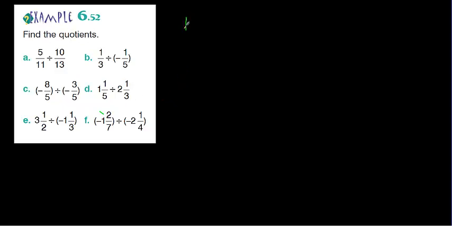So before multiplying these terms, we are going to do like this. I'm starting with D1. Firstly, 1 and 1 over 5 must be written in terms of an improper fraction, and 2 and 1 over 3.